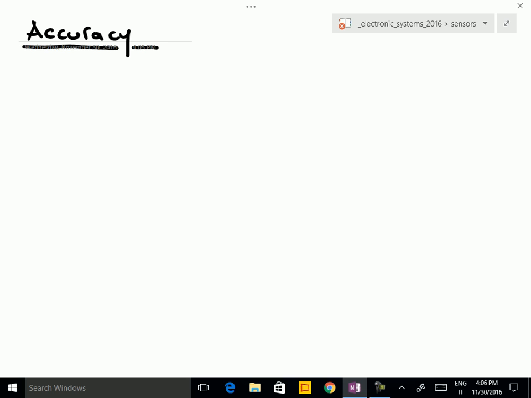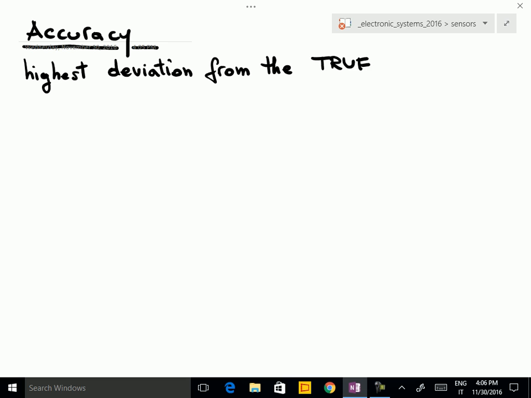So the accuracy of a sensor is the highest deviation from the true value of the stimulus.